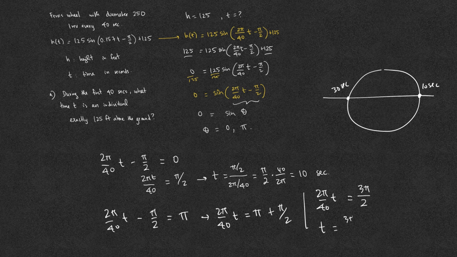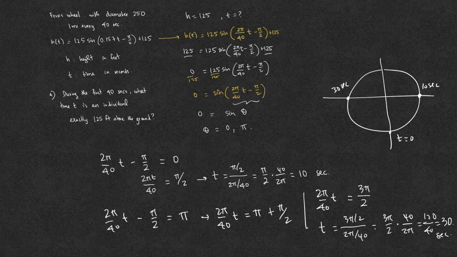t equals 3 pi over 2 over 2 pi over 40, which is 3 pi over 2 times 40 over 2 pi. And this is 120 over 4, so this is 30. So yes, this is 30 seconds. Remember, if we assume that we start at time 0, and it makes one rotation every 40 seconds, we have after 10 seconds, 20 seconds, 30 seconds, and 40 seconds.